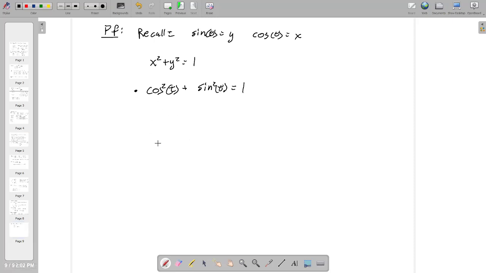Now we use this one to prove the other two. Suppose I want to prove the next identity. I'm going to take this identity that I have, and divide both sides by cosine squared.